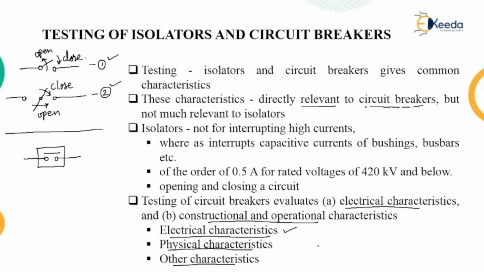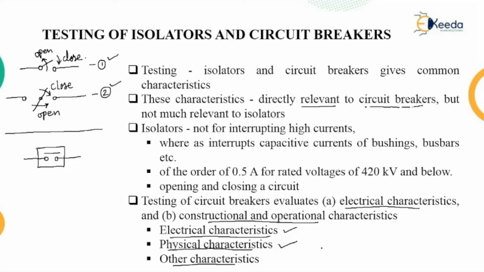In physical characteristics, that includes the pressure developed at the point of interruption, the speed of contact travel, the number of breaks, the size of arcing chamber, the materials and configuration of circuit interruption, etc. These are going to be characterized or tested in physical characteristics.